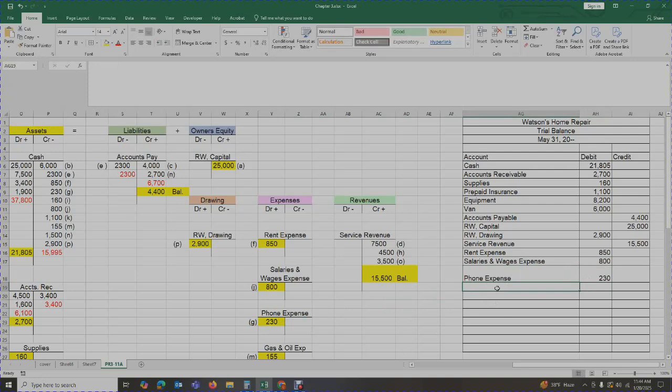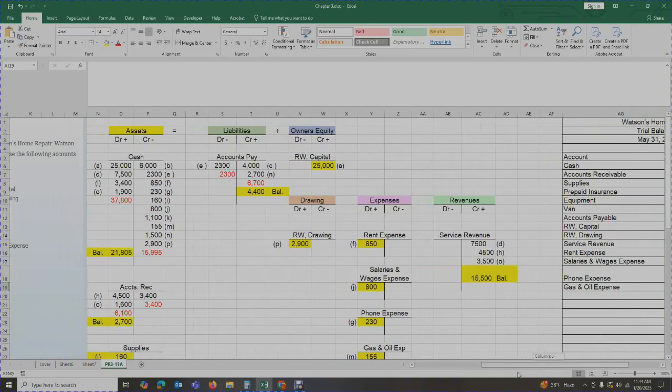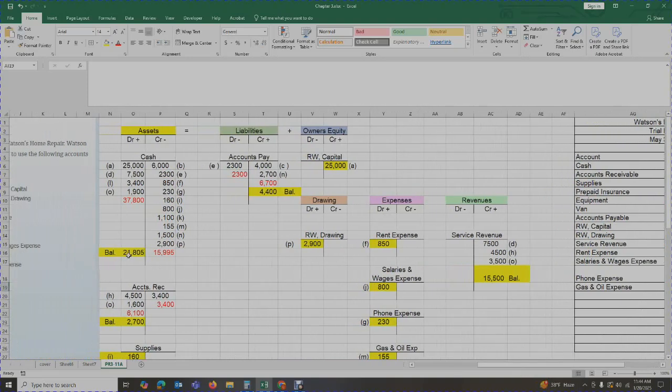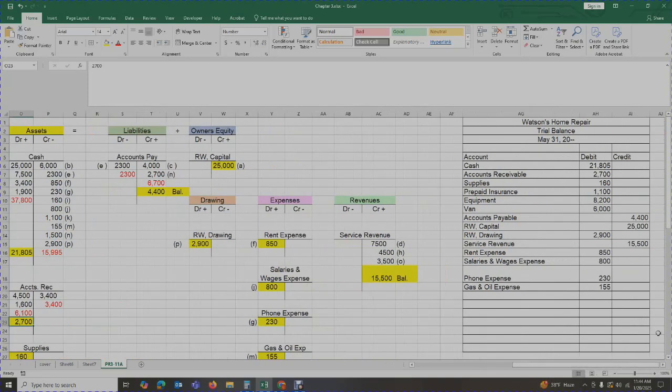And then we've got gas and oil expense of $155 debit. Okay. And those are all of my expenses. So what I've done on my trial balance is basically just pick up the ending balances of each of my accounts, and transfer them over to my trial balance.